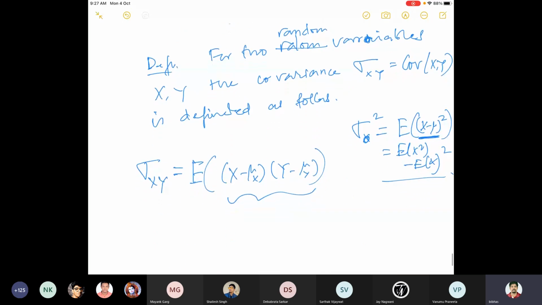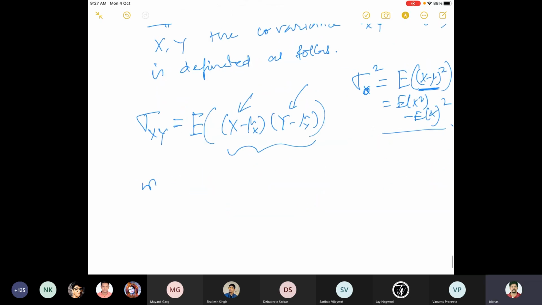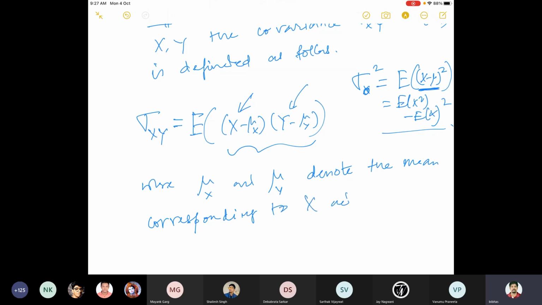Here you have new random variables, which are translations of x minus a constant, where the constant is the mean, and y minus a constant, where the constant is the mean. Here mu x and mu y denote the means corresponding to the marginal PDFs, the marginal random variables corresponding to x and y respectively.